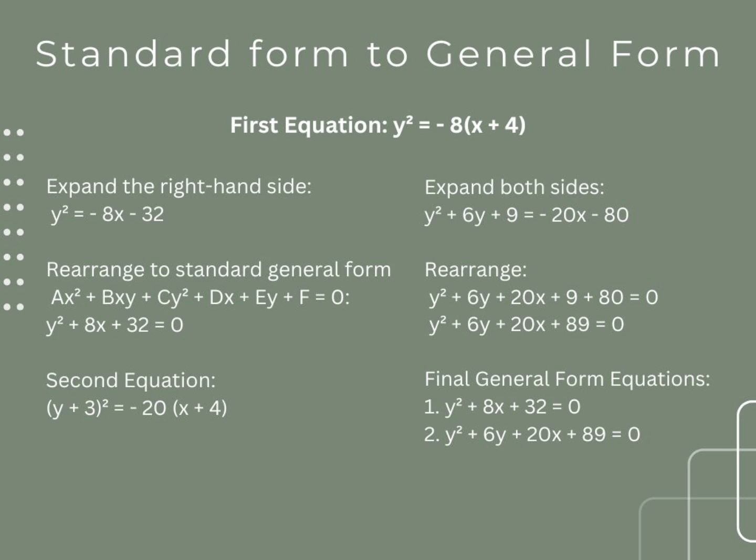Let's rearrange to the general form ax squared plus bxy plus cy squared plus dx plus ey plus f equals 0. So, the general form is y squared plus 8x plus 32 equals 0.